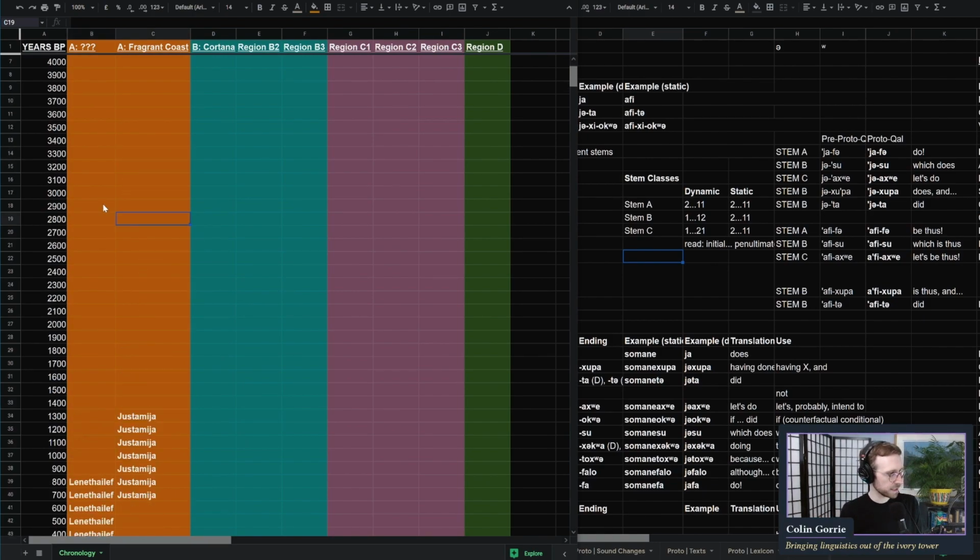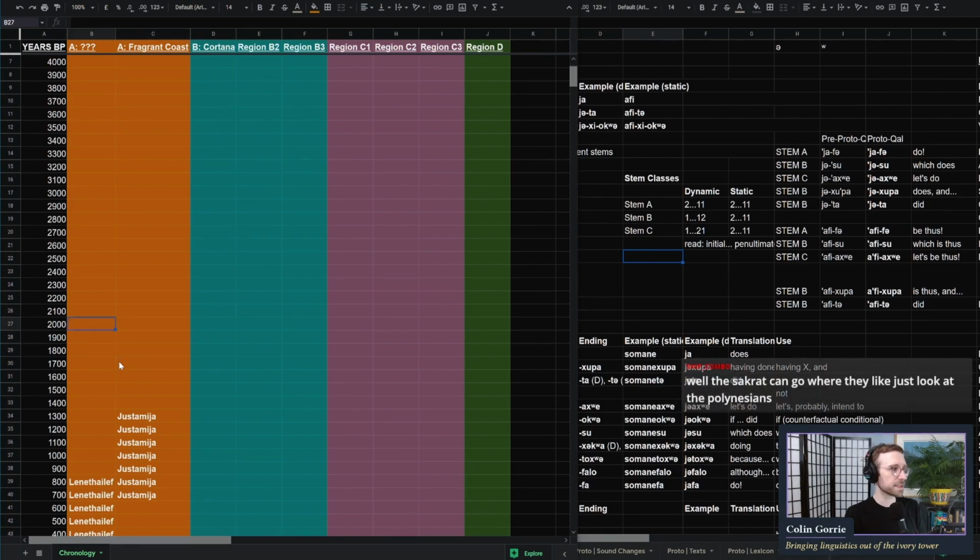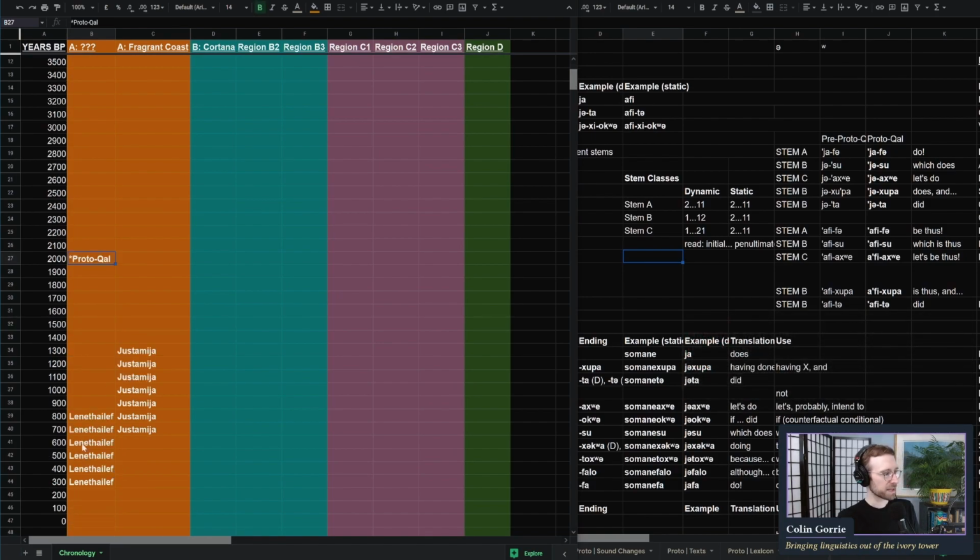And let's see, maybe we could talk about Proto-Call as being reconstructed roughly 2,000 years before the present. And we could put this in bold. And this is, of course, a proto-language, whereas Eustamia and Lenadilef are attested languages. And this is the period during which we have texts, I guess. I'm just arbitrarily asserting that these are written languages, but I think that's fine.